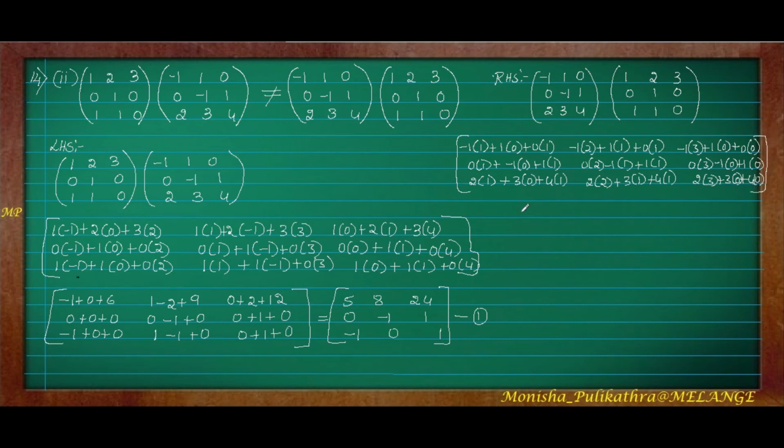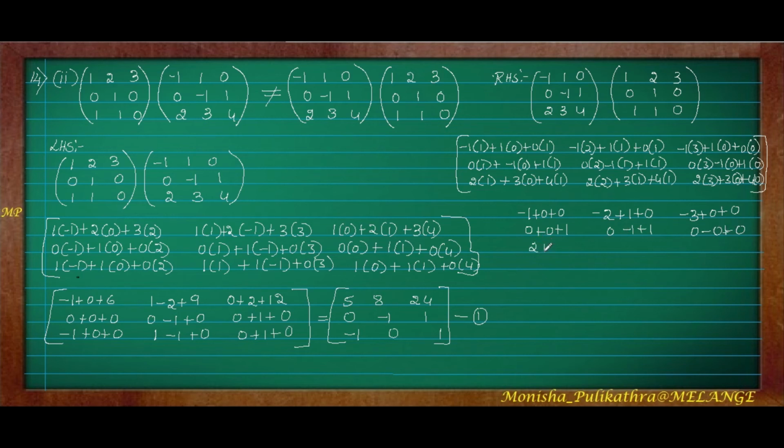So minus 1 into 1 is minus 1 plus 0 plus 0. Here minus 2 plus 1 plus 0. Minus 3 plus 0 plus 0. Next 0 plus 0 plus 1. Here 0 minus 1 plus 1. 0 minus 0 and plus 0 here.